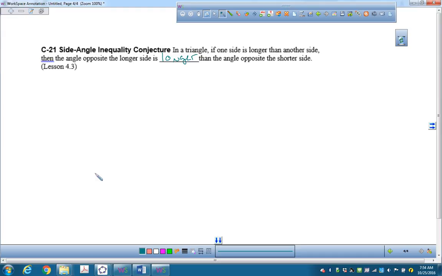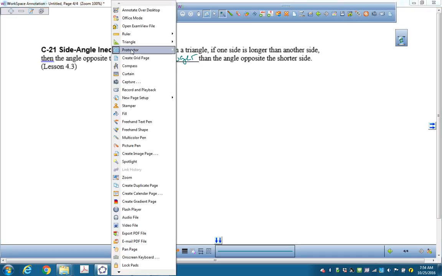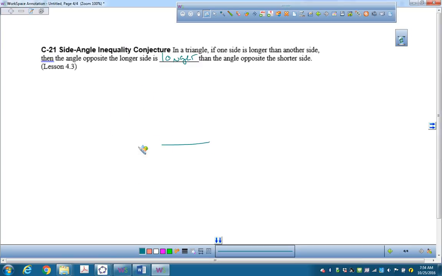Pretty straightforward, right? But say I were to have a picture. Where's that nice tool that I have? The triangle freehand shape. This is my favorite tool. Freehand shape tool.